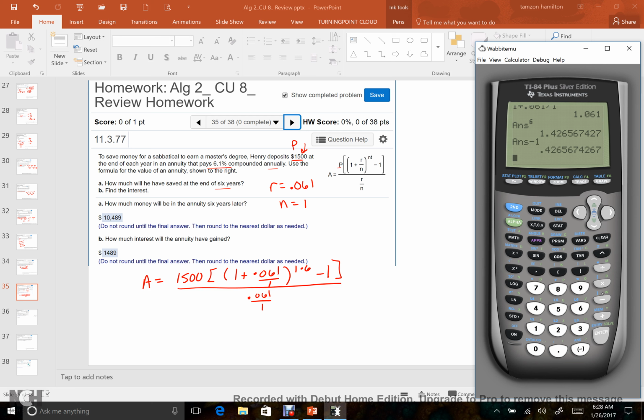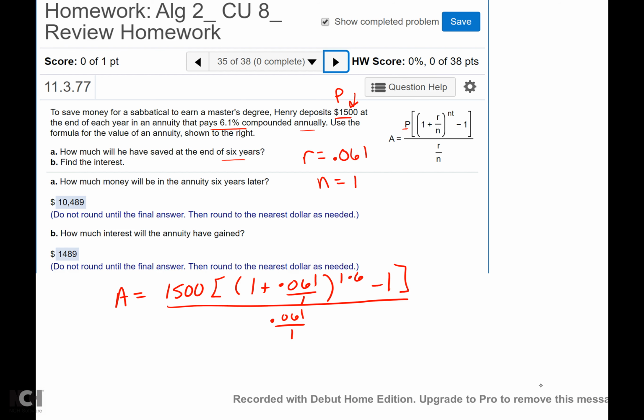Now I'm going to multiply by 1,500, enter, and then divide by parentheses 0.061 divided by 1, enter. And I get 10,489.36295. They rounded it to the nearest dollar, so I get $10,489.